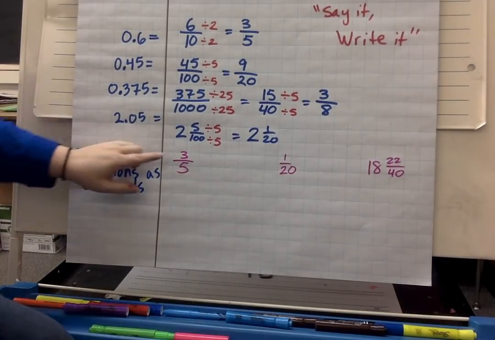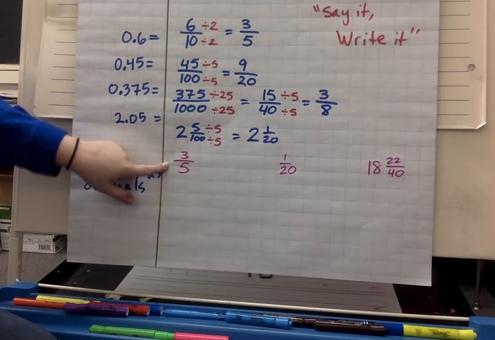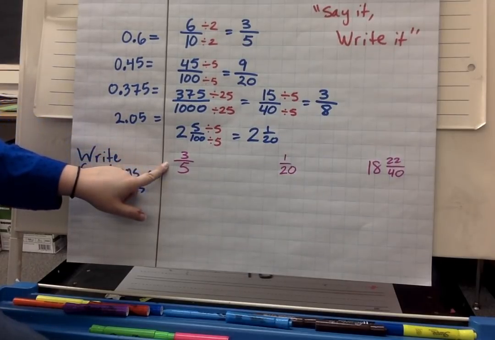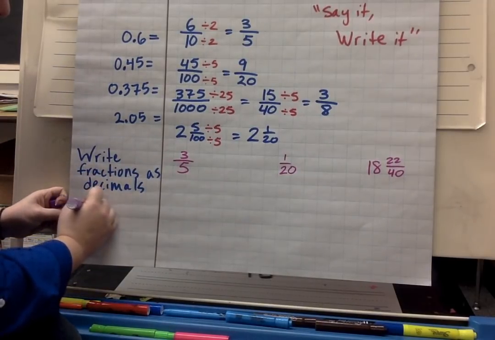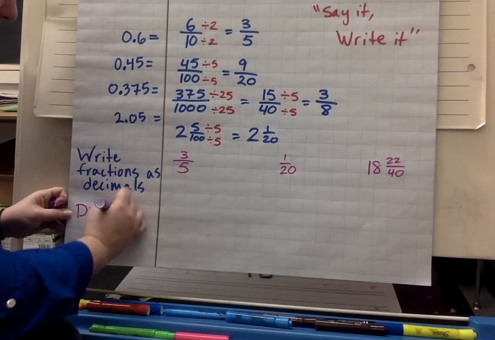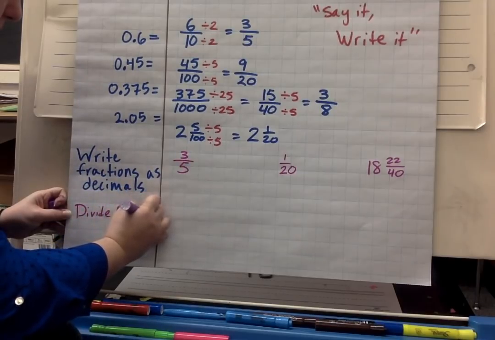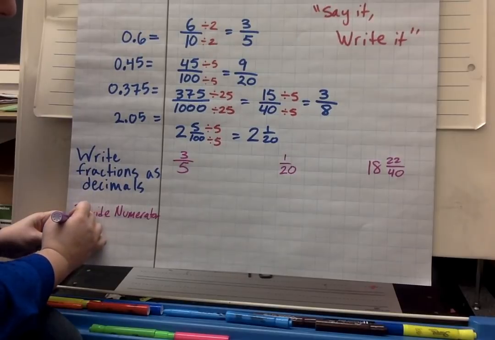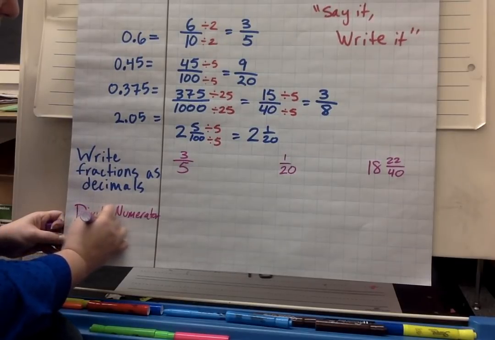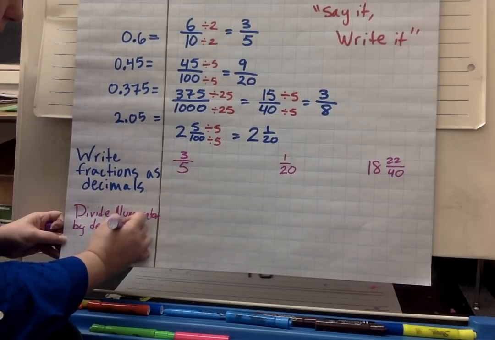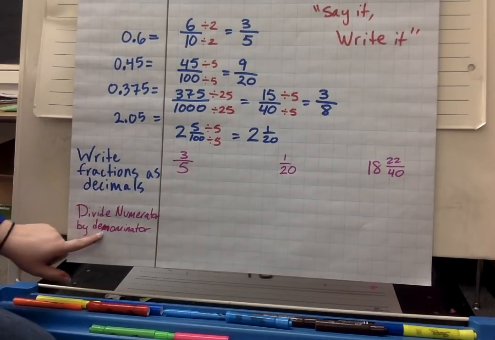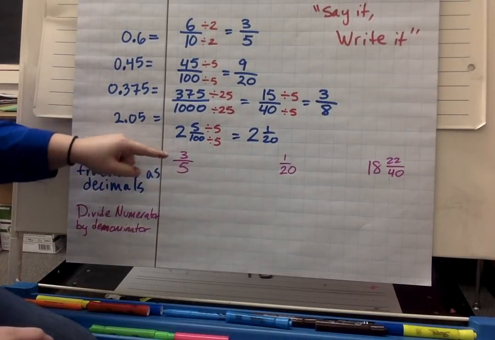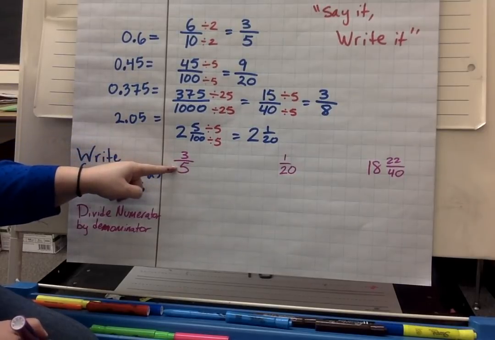Okay, let's start with 3/5. What I'm doing right now is dividing numerator by denominator. So for all of these, I'm going to divide numerator by denominator.